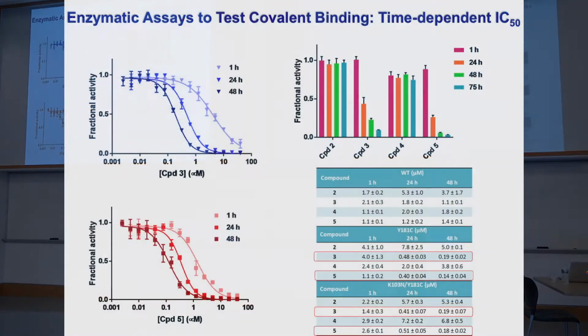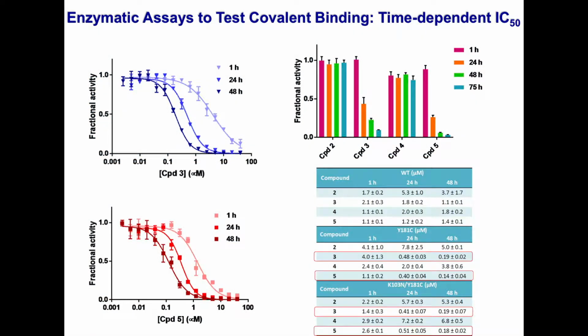And so this just goes to show you what happens if we incubate each of these compounds for a longer period of time with the enzyme, and you see that two of those we actually start to see a decrease in enzymatic activity, and that's because they're alkylating the enzyme. So you see a shift in the IC50 value.